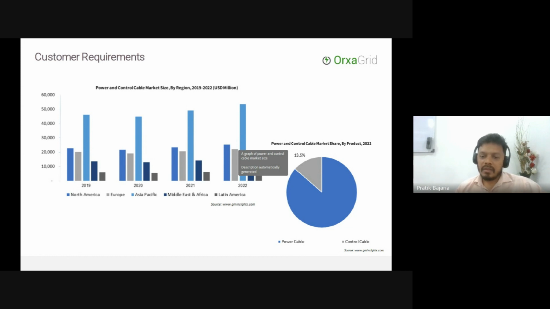So if you can see, out of the 100%, around 87% of the entire cable lines are power cables. And that's pretty much sure, right? Control cables have come into existence maybe roughly sometime after power cable installations.